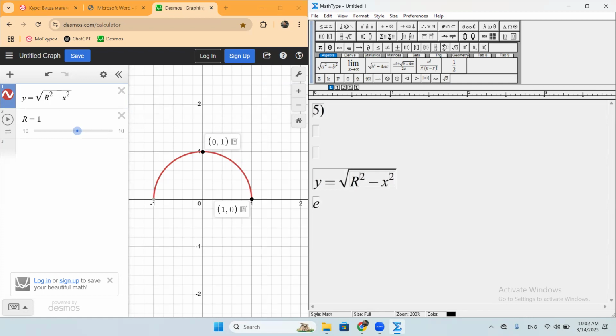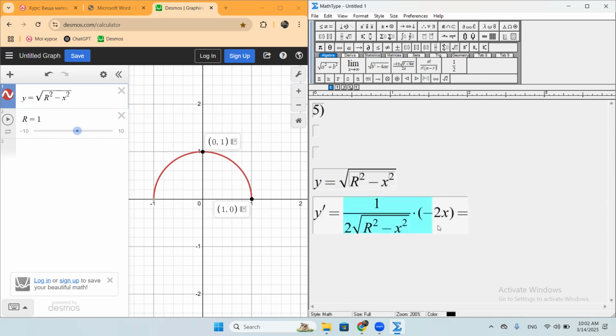So y prime will be equal to 1 over these expressions multiplied by minus 2x.